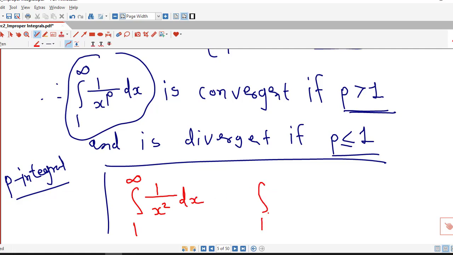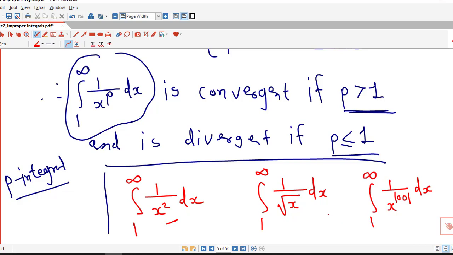For example, using this result we can decide the convergence of several integrals of this type. Suppose we are asked to check the convergence of improper integrals like 1 over x raised to 1001 dx. If we know this result, we can directly decide whether these integrals are convergent or divergent. In the first case, P is 2, which is greater than 1, so this is convergent, as we discussed in the first lecture.